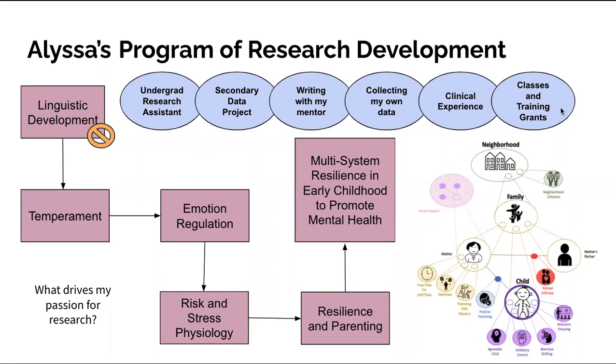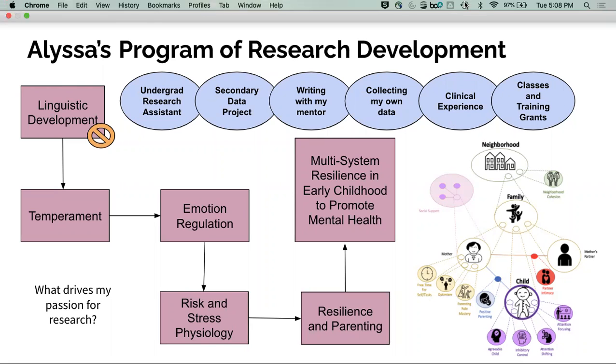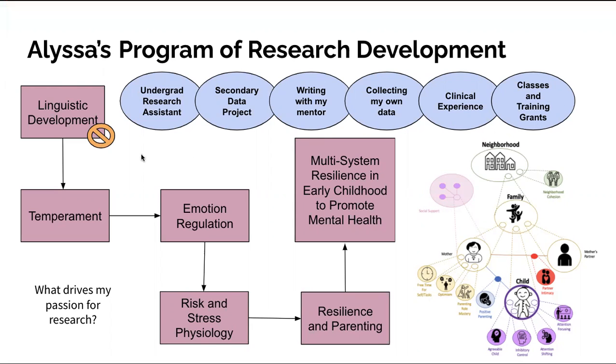I was on an NIMH, National Institute of Mental Health, training grant as a pre-doc. And I think a lot of the things that they asked us to read or take part in helped me think more deeply about my research program and things that I wanted to study moving forward. So looking for opportunities in these spaces can help you answer that question of what you want that research program to look like.